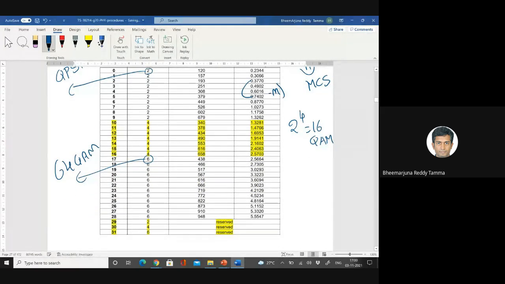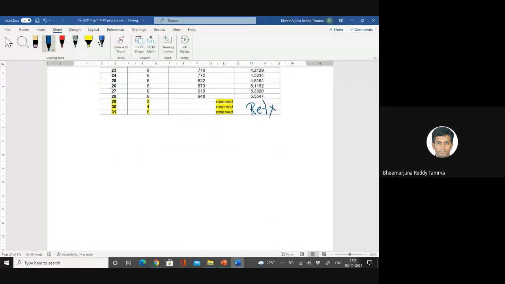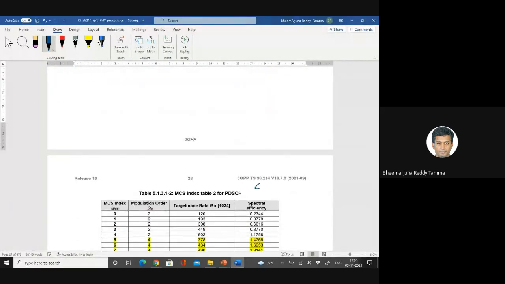And also you see we have a couple of entries reserved. These are used for retransmissions. And you have one such MCS defined for each of the modulation schemes, like QPSK, 16 QAM, and also 64 QAM. And we have another table which is called the 256 QAM table.